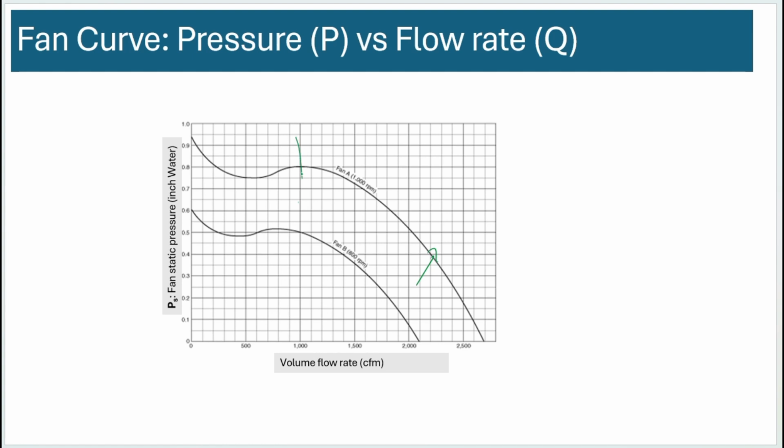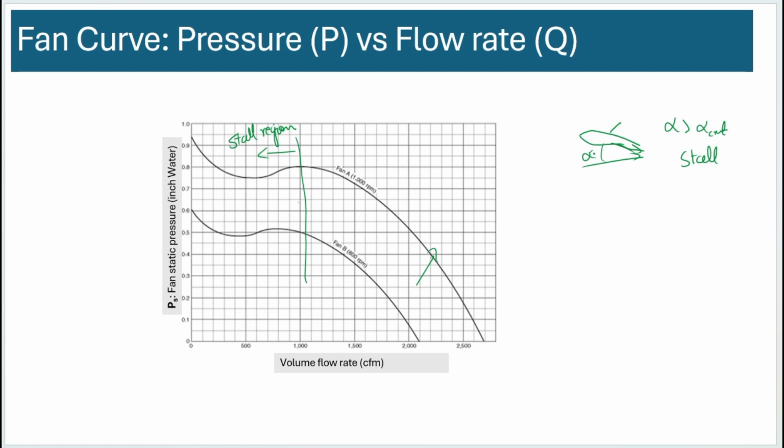Just pay attention to this region, okay? This is called the stall region. I don't know whether you're familiar with aerodynamics, but when a plane flies, there's something called angle of attack with the airfoil. After a certain angle of attack, at alpha greater than alpha critical, there will be a stall.